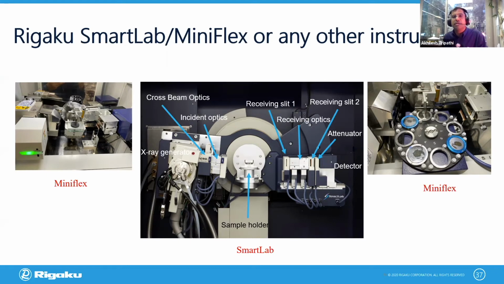You have different samples, a zero background holder containing a very small amount of sample. And then you have a diffracted side where the main component is the detector, trying to receive this diffracted X-ray coming out of the sample, which we call the peak. And it passes through several receiving optics, basically making sure the signal is converged onto the detector. There is an attenuator and a number of receiving slits.